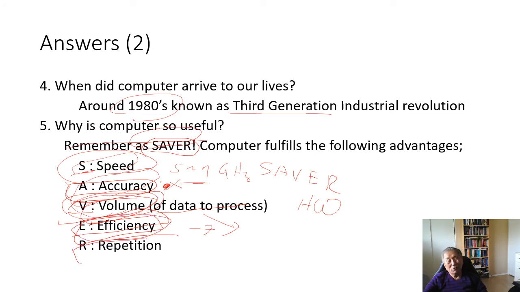Then repetition: you don't like doing things over and over. Here, repetition is done by the machine, so you don't have to worry about doing it yourself. SAVER, in a way, identifies the kind of characteristics that give the computer its advantage over the human.